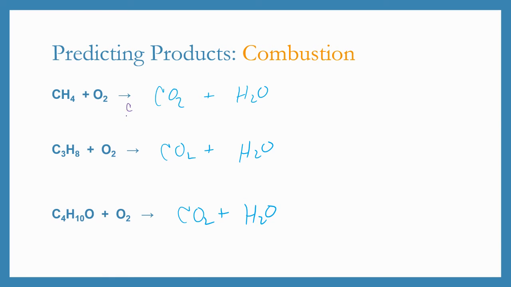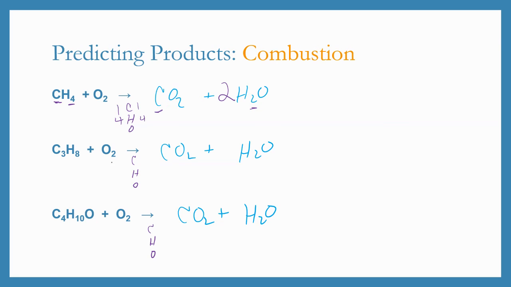So balancing, all of these are always going to have C, H, O. The carbon all goes to the carbon dioxide, so that's 1 and 1. The hydrogen's all going to go to the water. So currently we have 4 on this side. There's only 2 hydrogens on this side, so we need to multiply that by 2. 2 times 2 is 4. That's 4 hydrogens on that side.